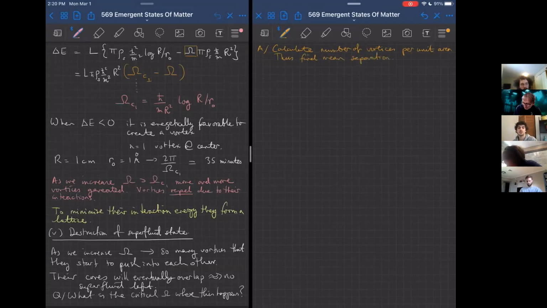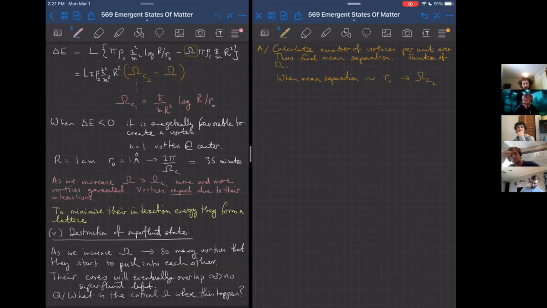And all of this is a function of omega. And then when that mean separation is of order the core size, we'll find this critical omega, and I'm going to call that omega C2 as opposed to omega C1 that we had before.